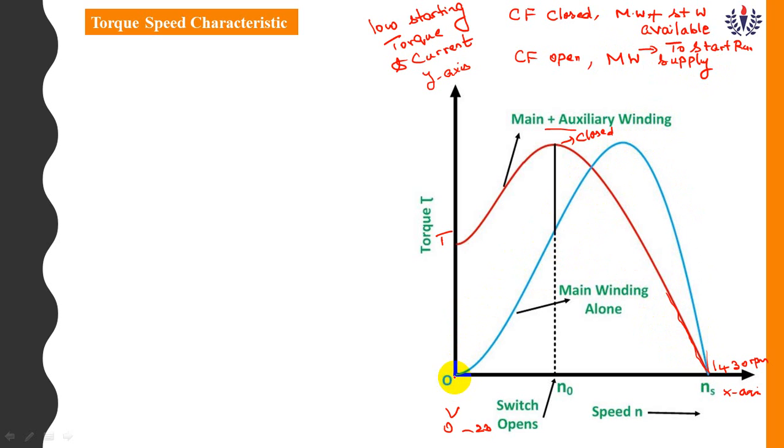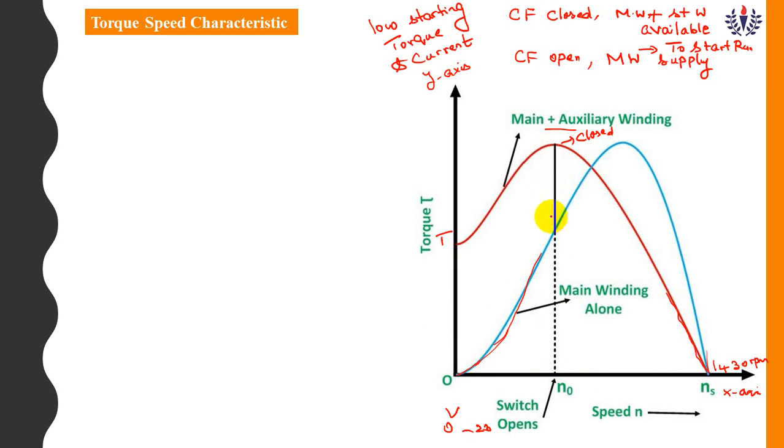You see, it starts from 0, slowly increases, and then reaches the Ns point. Actually the curve always starts from 0 till Ns, when the switch is open.